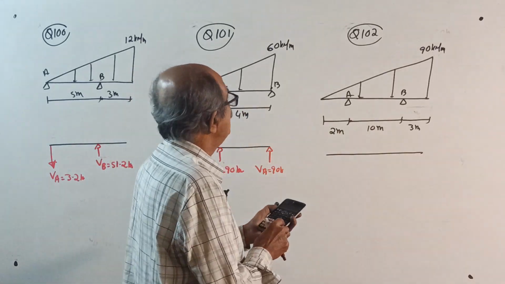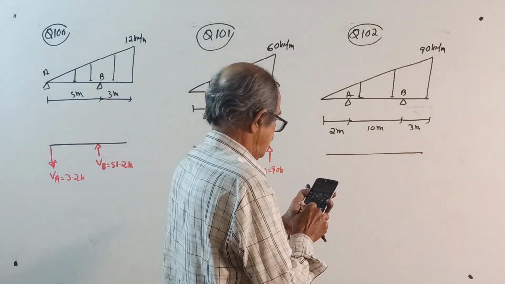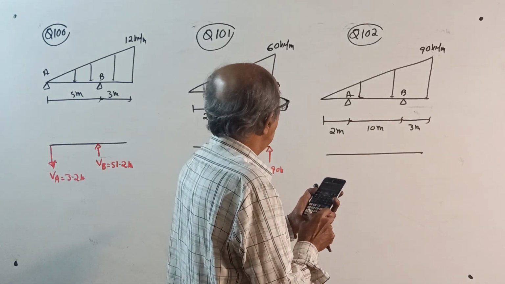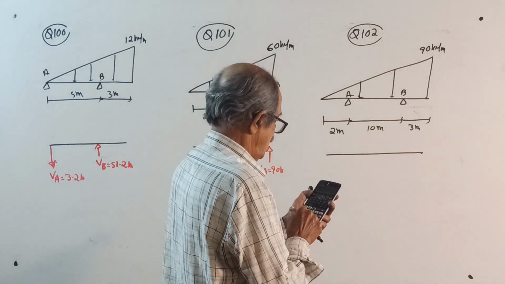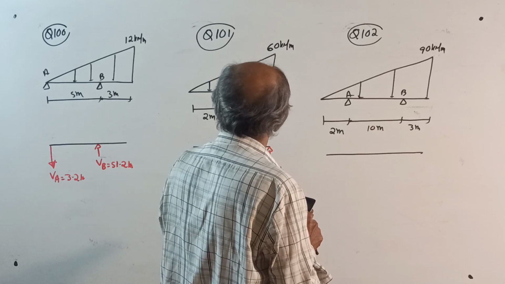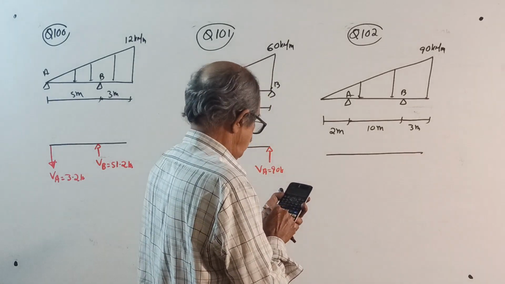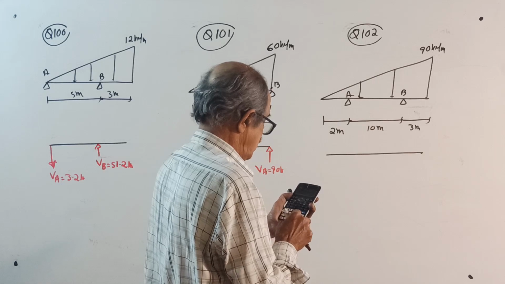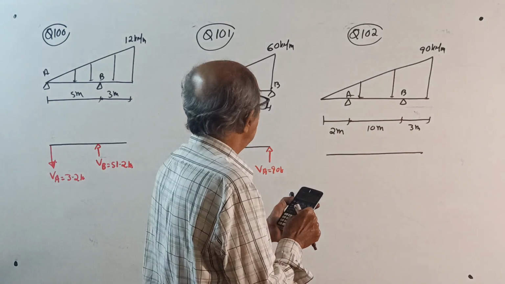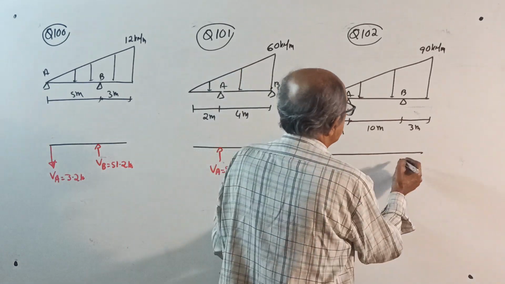Yes, okay, done. Here. Half into 15 into 90 into 2 by 3 of 15. Half into, anything wrong there? Just 1 minute. Correct condition. Half into 15 into 90 into bracket 12 minus 2 by 3 of 15 divided by 10. 135 kilonewton VB.